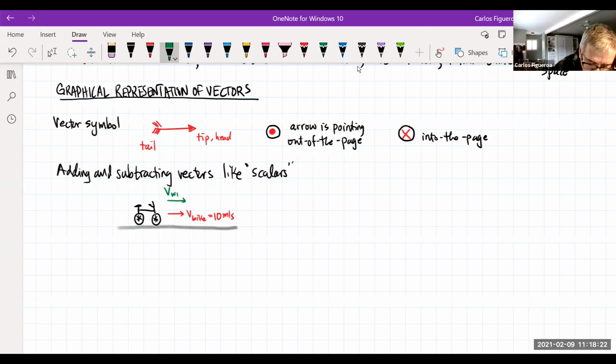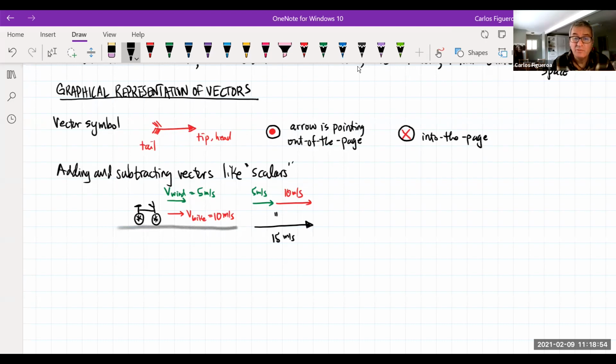And maybe the wind is going with you, moving at 5. We could just say, oh yeah, the wind plus the speed of the bike, that these guys, even though they're vectors, are adding so that the net speed of the bike afterwards is then going to be 15 meters a second, right? We can also do this against the wind.